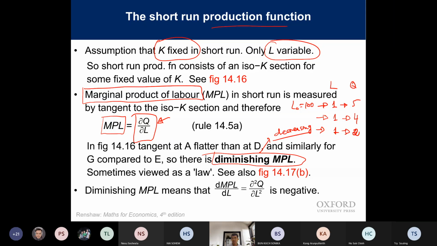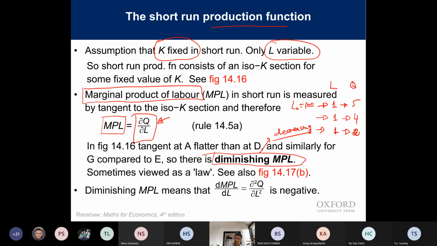No, because in order to produce an output, we need not only the labor but also the machine. But the machine remains fixed, so you only increase the labor force. So the efficiency tends to decrease.